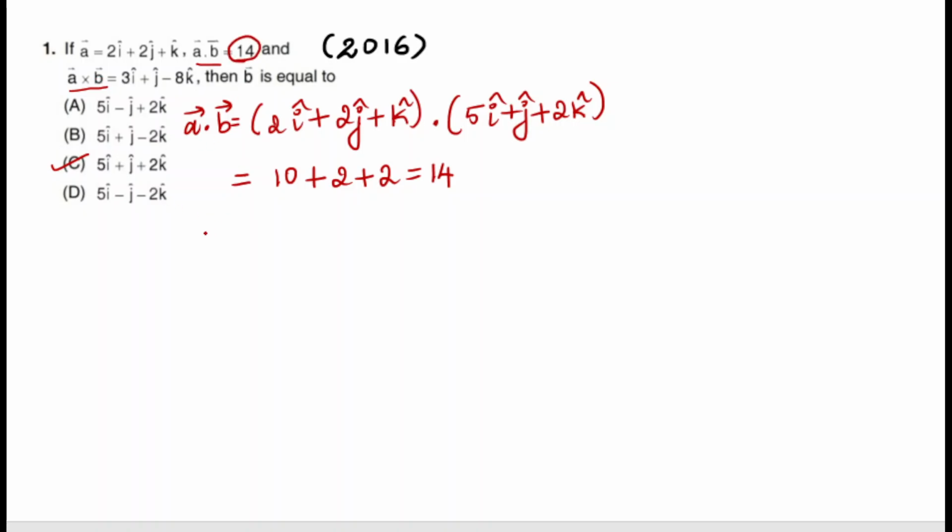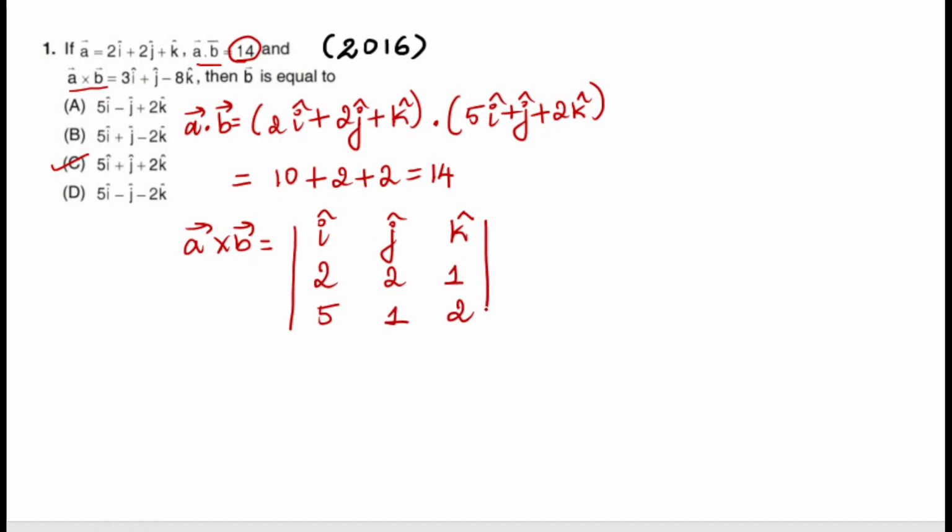And we will cross check for a vector cross b vector. If I cross check for a vector cross b vector, that is determinant of i cap, j cap and k cap. A vector they have already given, it is 2, 2 and 1. B vector we have considered to be option C, that is 5, 1 and 2.